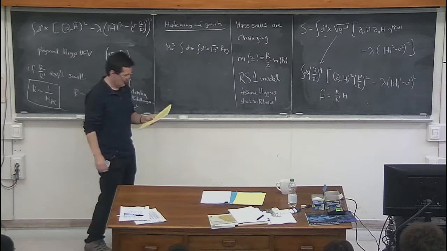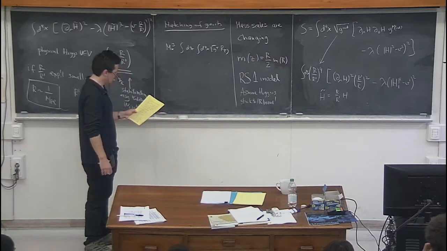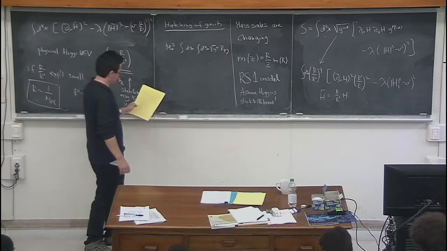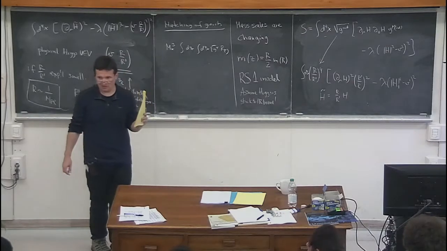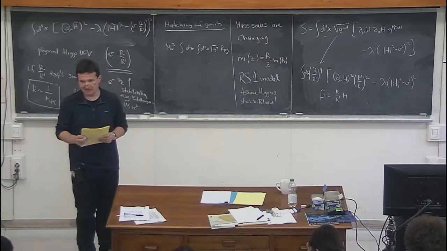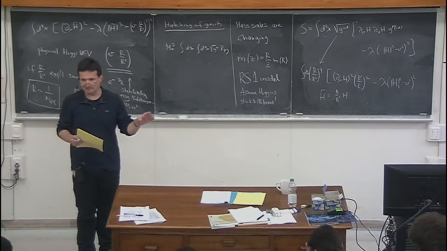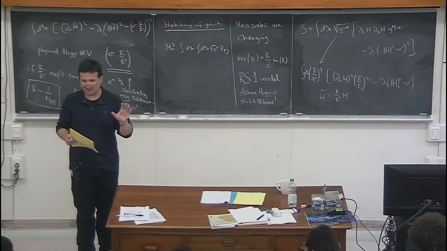I'm not going to go through the details. What you're going to find here is that the matching of the gravitational scales is totally different from the matching in the case of the flat extra dimensions.